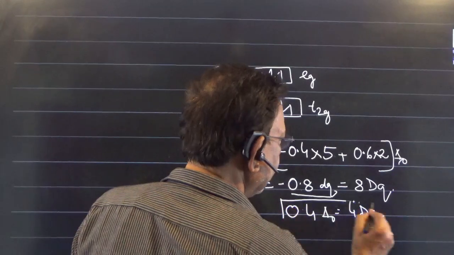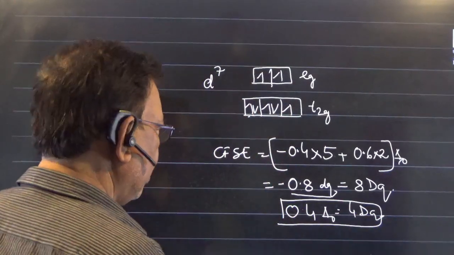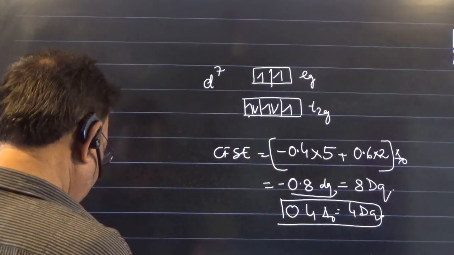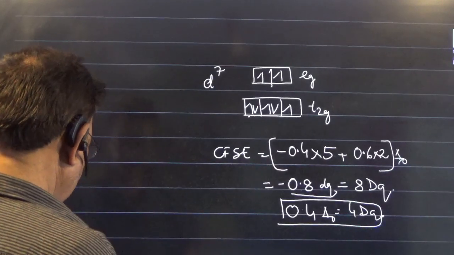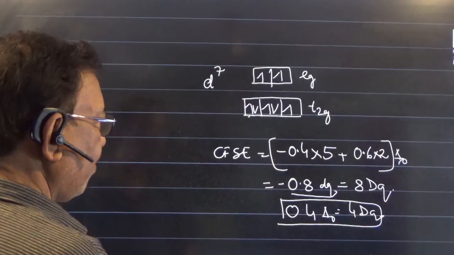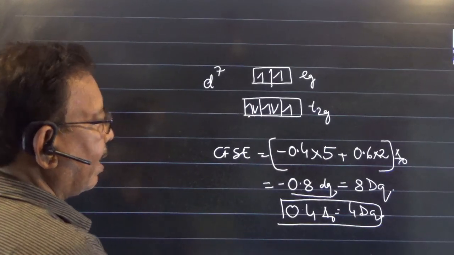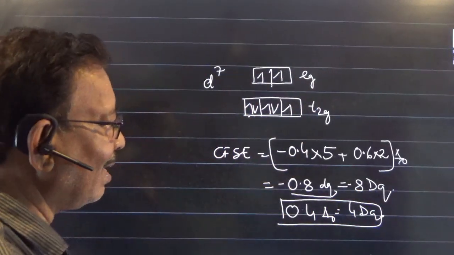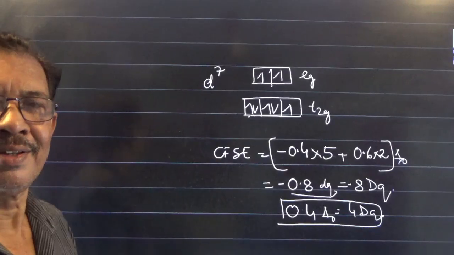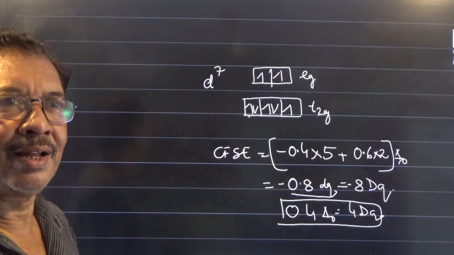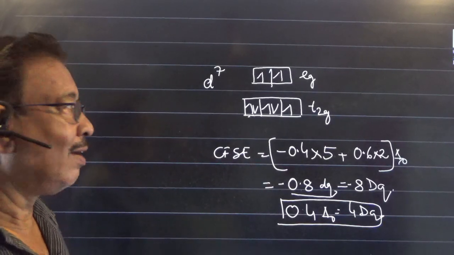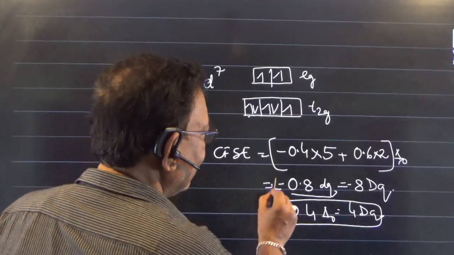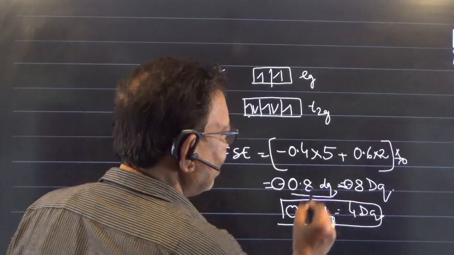This is the relation. 0.4 is equal to 4 dq. Sir, it should be minus 8 Dq. Oh yes, you are correct. Minus. Who said? Snigdha. Yes, this sign, the sign also you look.